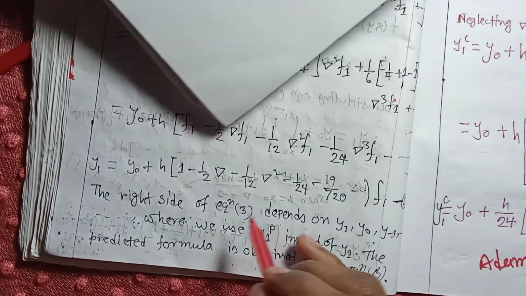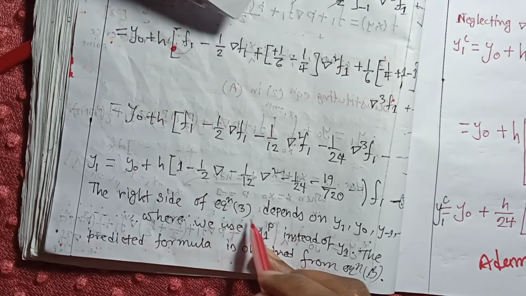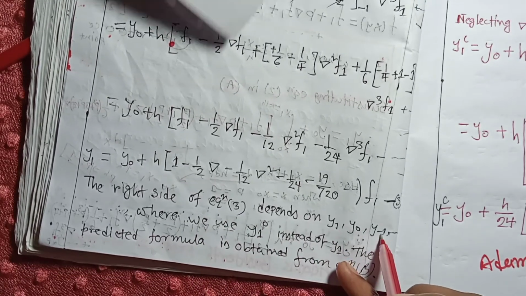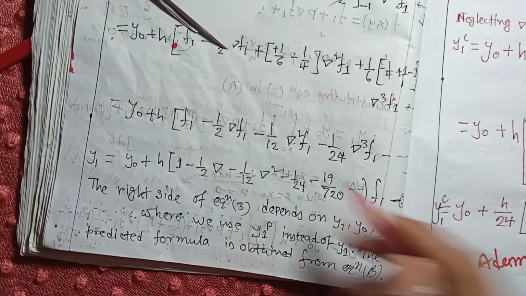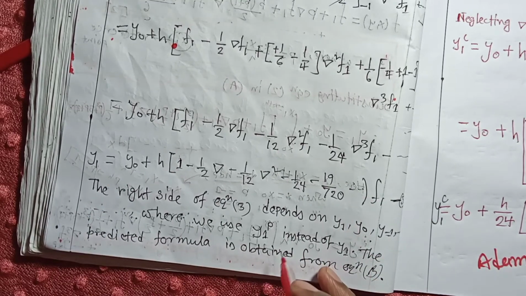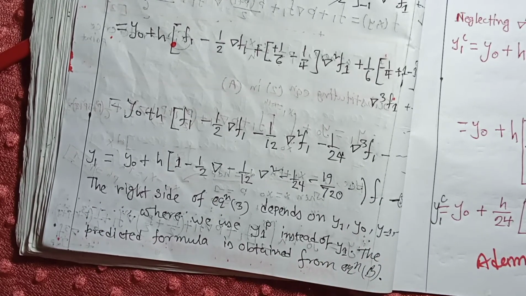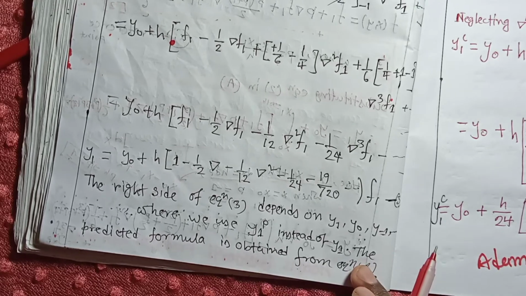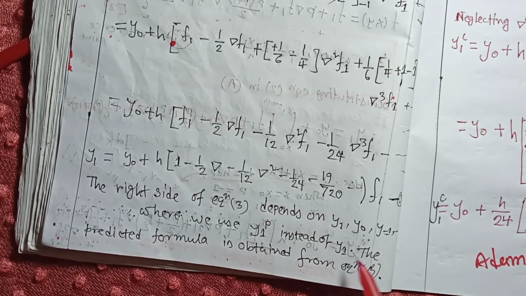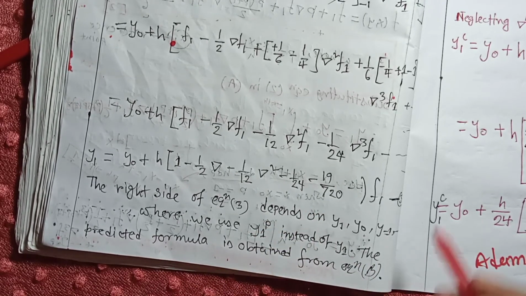This means the right side of equation 3 depends on y1, y0, y sub minus 1, y sub minus 2, and so on, where we use y1 of p instead of y1. This is the predictor formula, obtained from equation b.